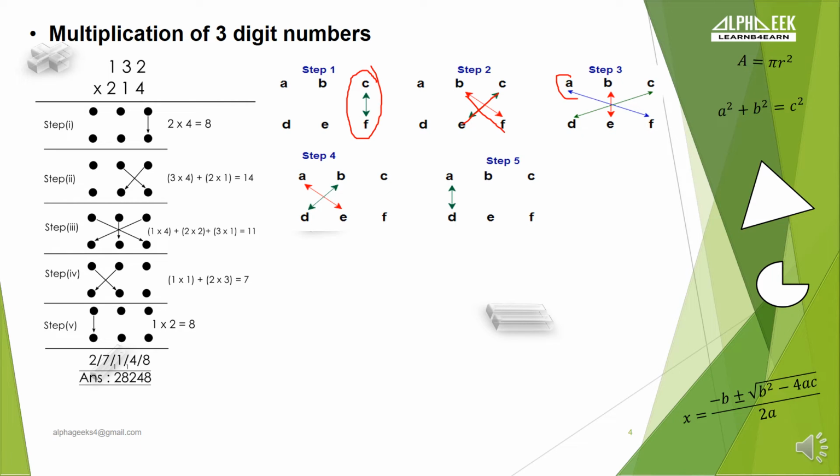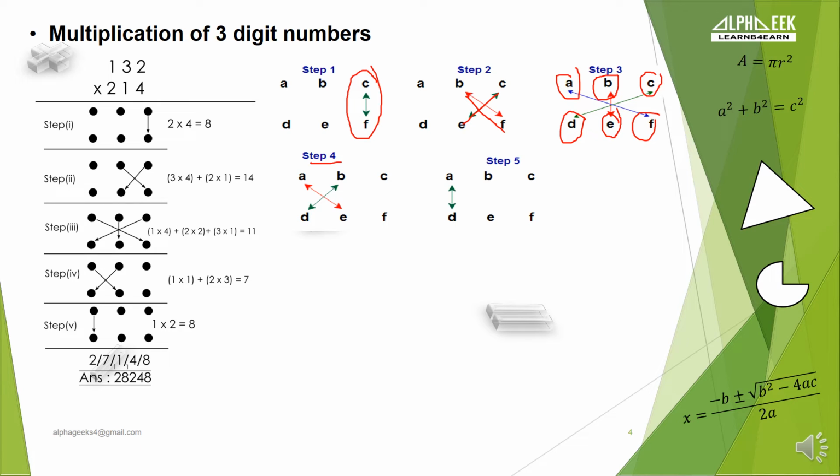So A will be getting multiplied to F, and C will be getting multiplied to D, and B will be getting multiplied to E. So these multiplications will add up, adding the carry, and we will note down the unit place, and the carry will move forward.